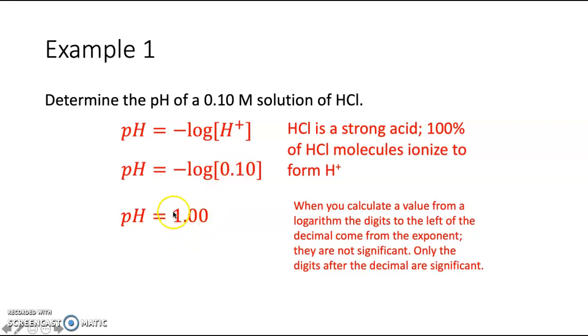So anytime we're calculating a value from a logarithm, any digits to the left of the decimal place don't count as significant. It's only the digits following the decimal that count as significant. So I had 2 significant digits here. That means I need 2 digits following the decimal here, which is why I wrote it as 1.00.